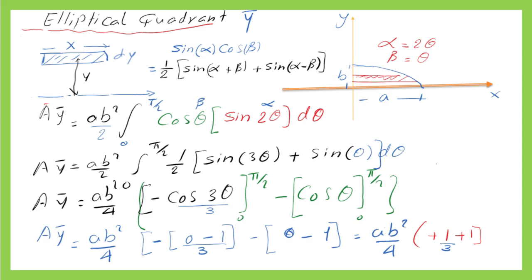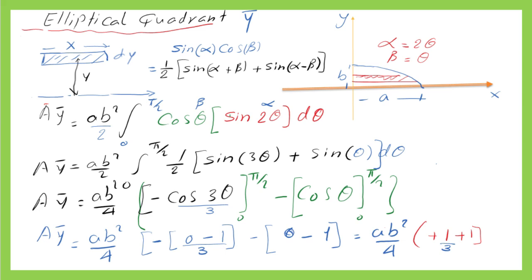So ay bar equals ab squared over 4. We are going to substitute minus cosine 3 pi over 2, which is 0, divided by 3 minus another term, which is cosine 0 set to 1 multiplied by minus, so we have plus 1 over 3 minus the cosine theta.